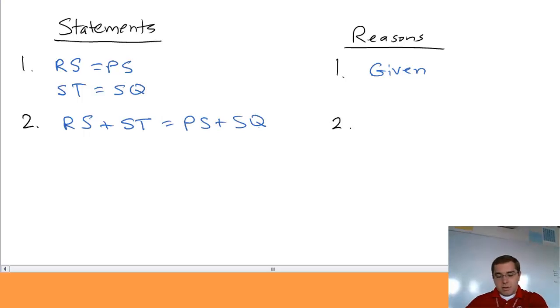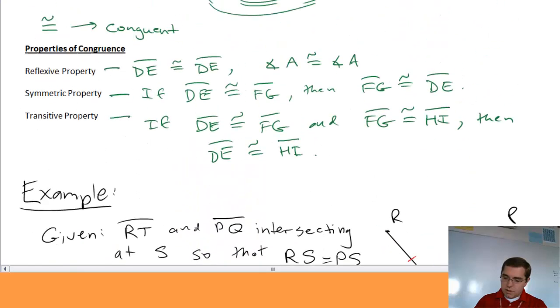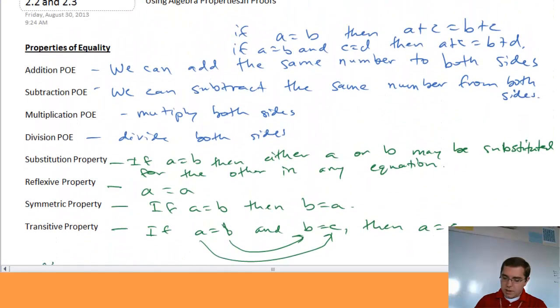Now, why can I do that? Well, look what I did. I have RS equals PS from here, and then I'm saying ST equals SQ, so I can put ST on one side of the equation and SQ on the other side. That looks very familiar from one of our properties up here.